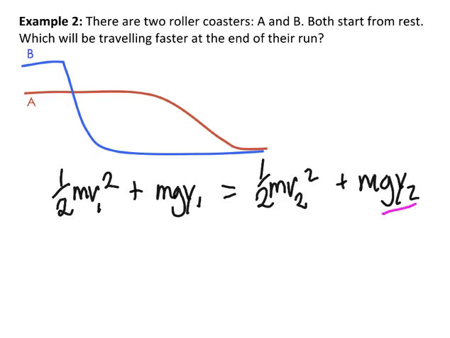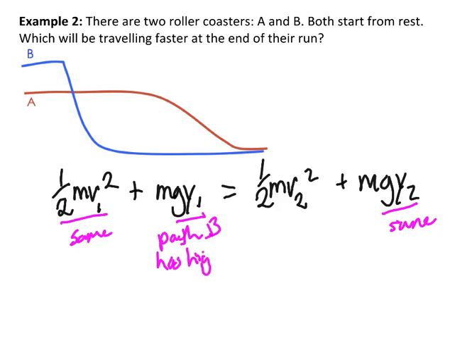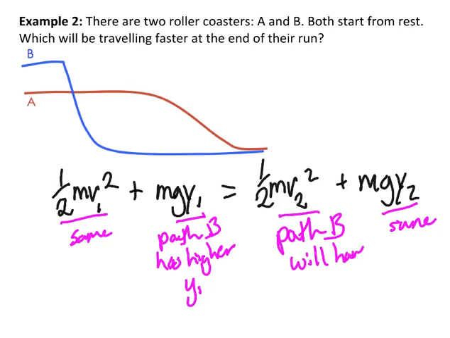In this case, they do have the same y2, and they both start from rest, so they have the same v1, but the y1 for path B is higher. So path B has a higher initial starting point, which means that path B will be going faster at the end. So it'll have a higher or faster v2 as well.